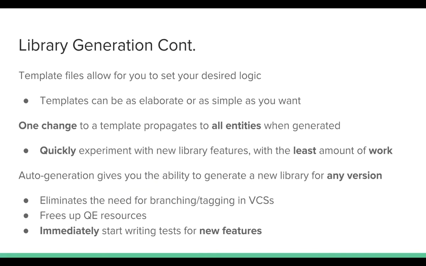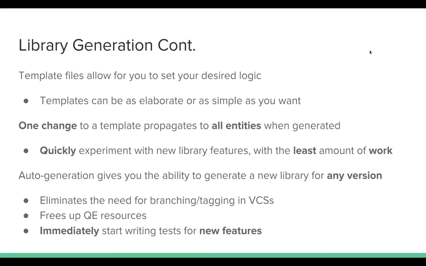Of course, it also frees up our QE resources, so people will be spending a lot less time having to maintain these things, so they can do the stuff that they really care about or really find interesting. I doubt that many people like going through and saying, what's changed between the versions manually, like, hey, this looks like a new subcommand, let me go ahead and add it in. And then go through the pull request process and review and pull in more people that are required to get that put in there.